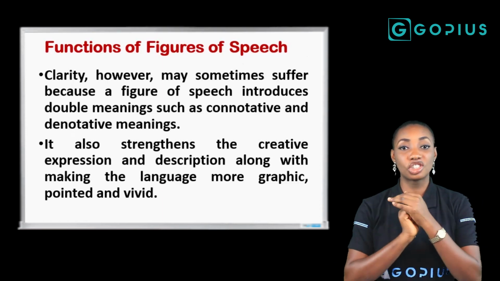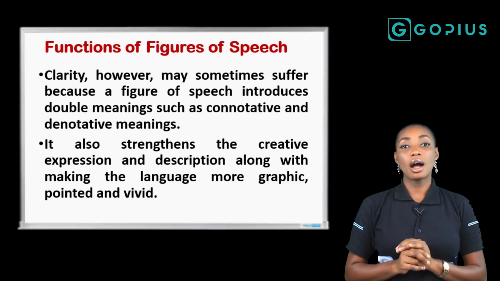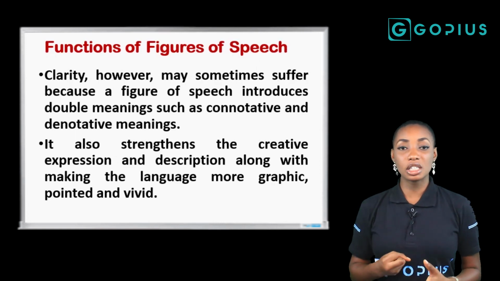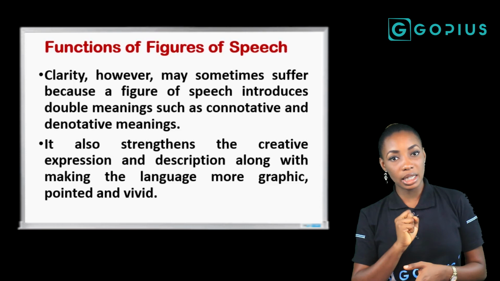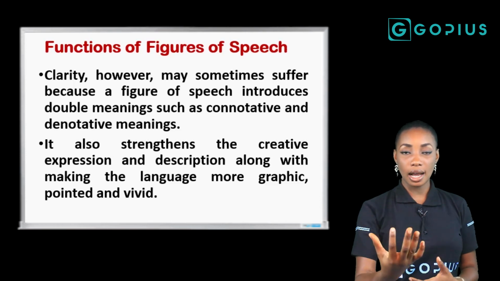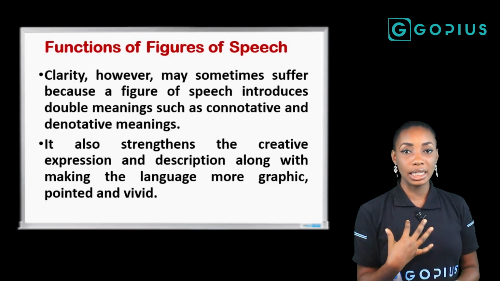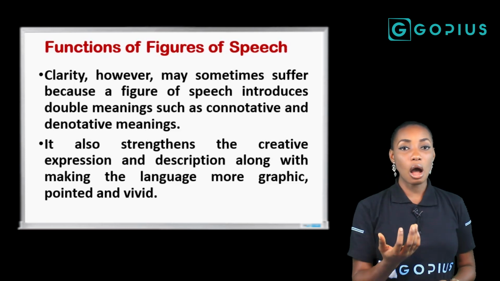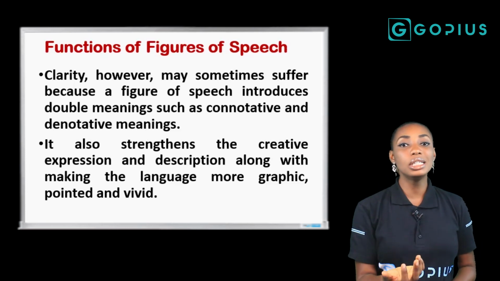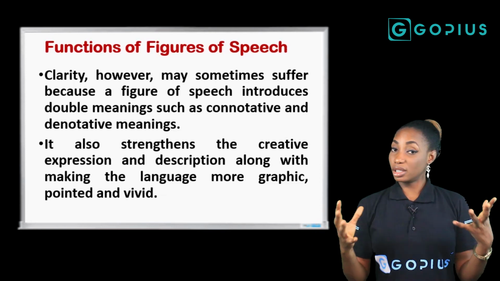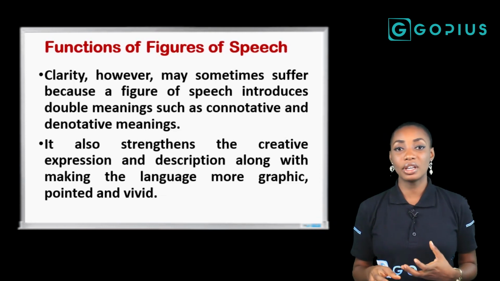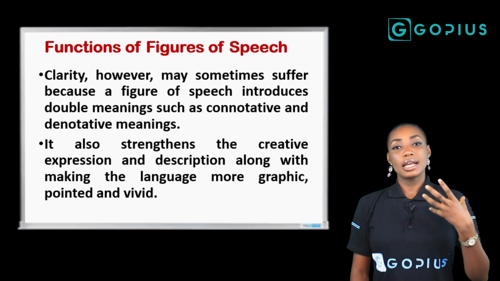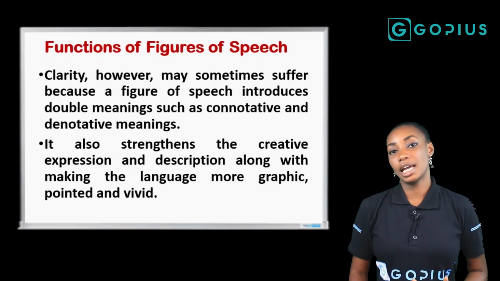The denotative is the dictionary meaning, the plain meaning, literal meaning, but the connotative is the hidden meaning, a contextual meaning that's understood between the speaker and the listener, or the writer and the reader. That's what the connotative is. So there are different meanings to a word or a phrase that may be confusing at times if people do not look carefully.